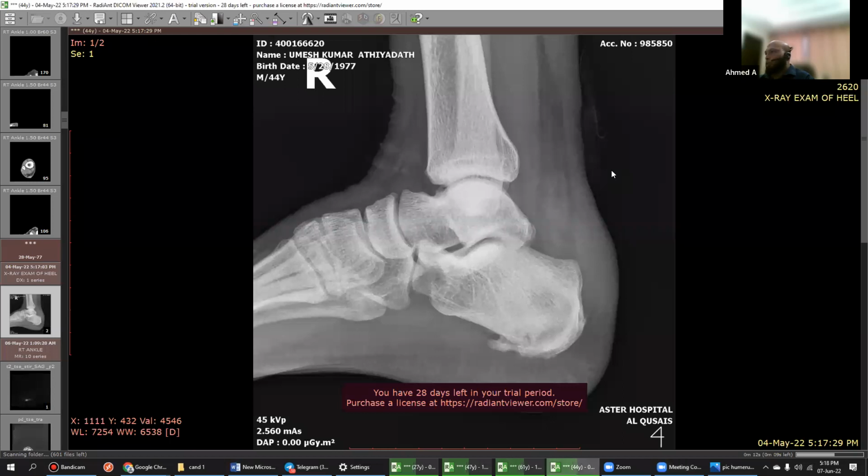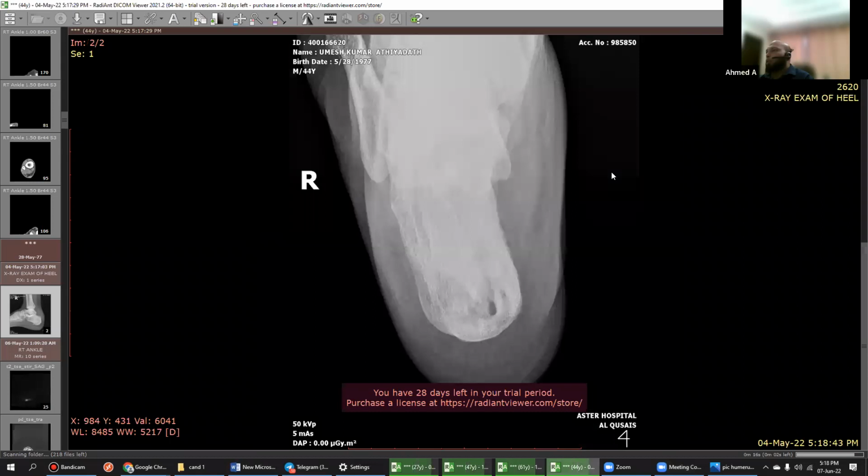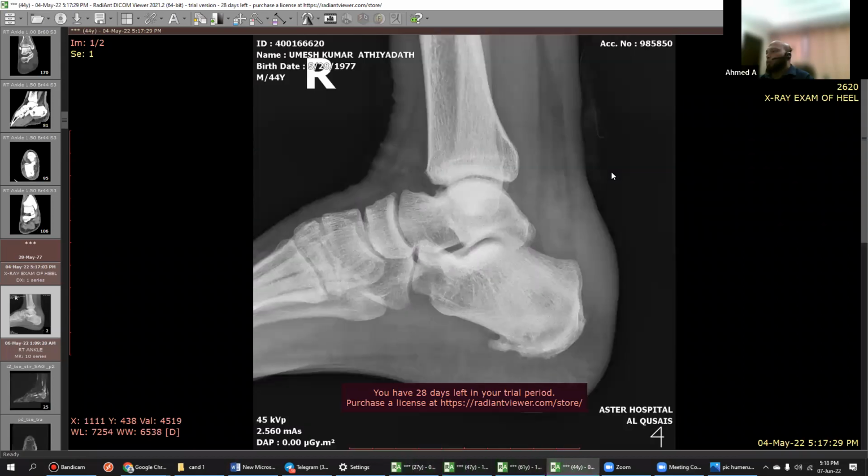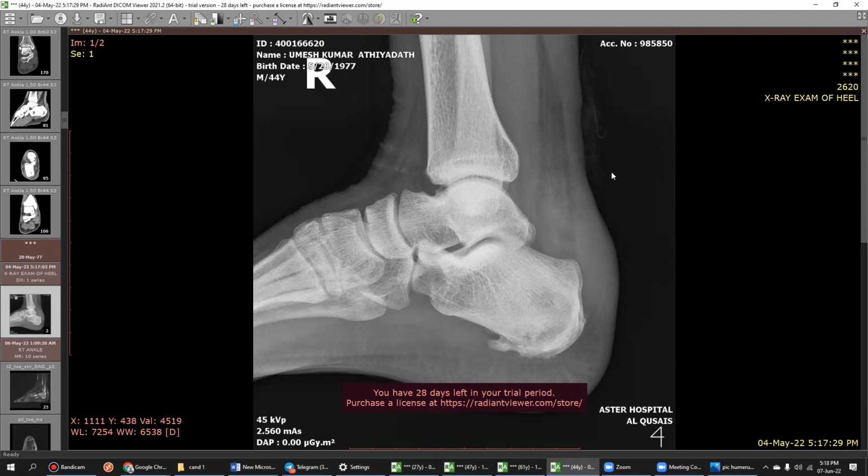Okay, you can see. So I've been provided these two images, images 1 and 2. You can just see and comment. So these are two orthogonal views, lateral and I think axial, of the right ankle joint. I can see an increased sclerotic area in the ankle with irregularity of the cortex.